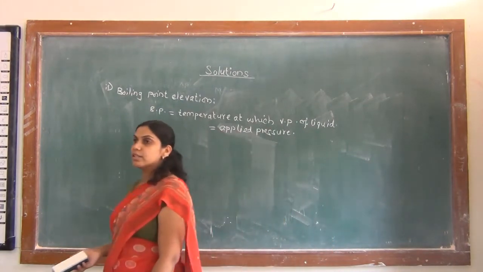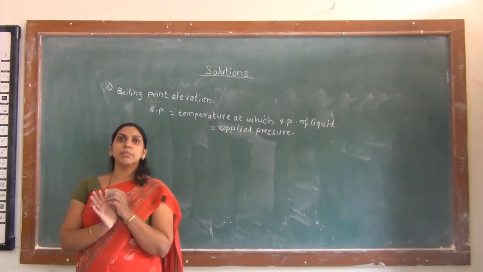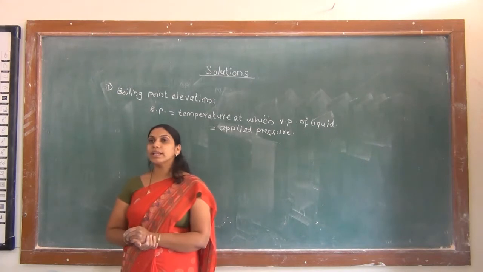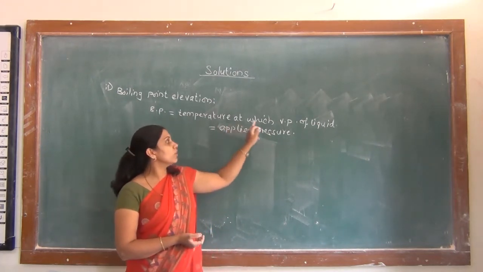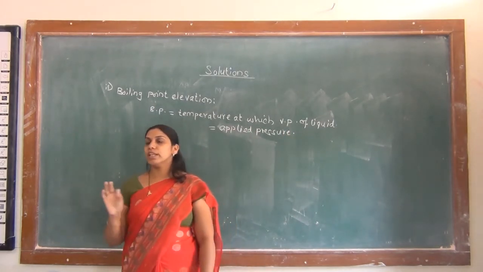If a liquid is kept in an open container, then the applied pressure is nothing but the atmospheric pressure. So sometimes the boiling point can also be defined as the temperature at which vapor pressure of liquid becomes equal to the atmospheric pressure.